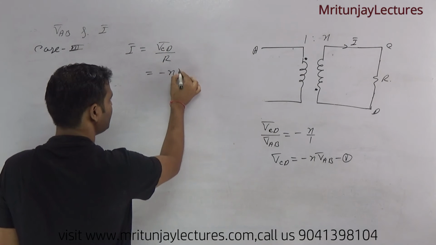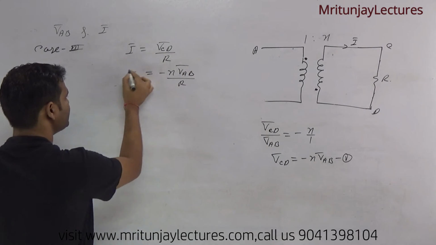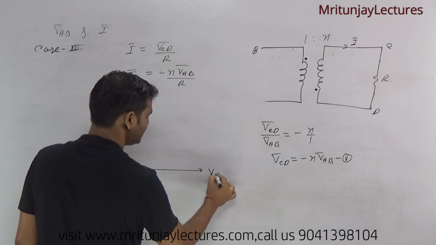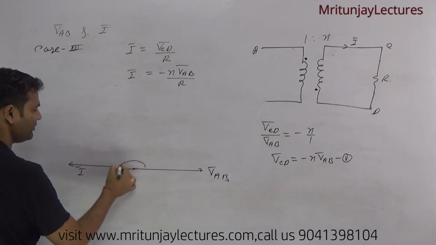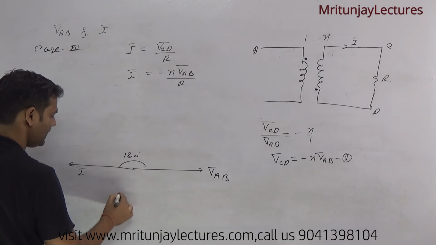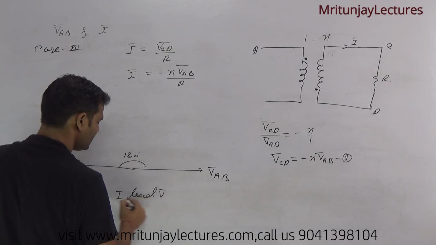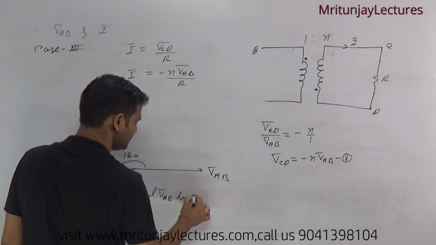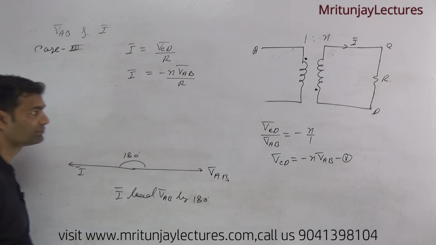That is minus n V of AB divided by R. Simply, if V of AB is like this, then I is represented here at 180 degrees. It means I leads V of AB by how much angle? Sorry, 180 degrees. Clear? Make it.